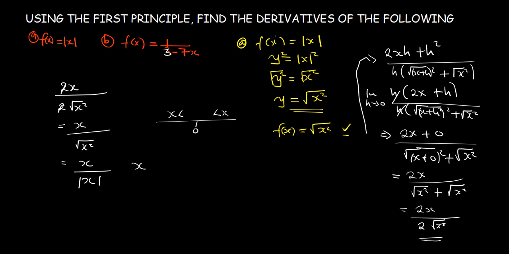When x is greater than 0, I put a positive, I get a positive answer down there, so that will give me positive 1. When again x is less than 0, then I'm putting the negative x there, so the answer now will be negative 1. So this simply means these are the values of dy dx from first principle of this guy.